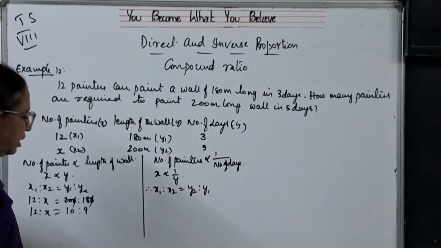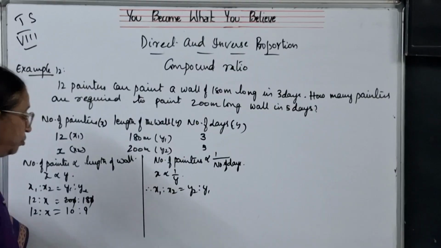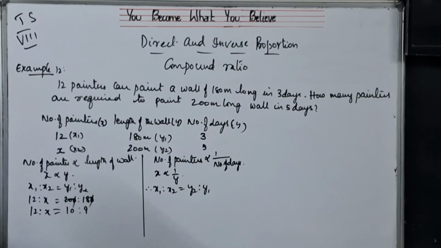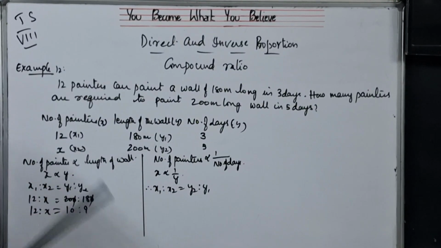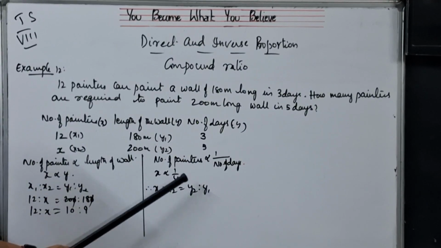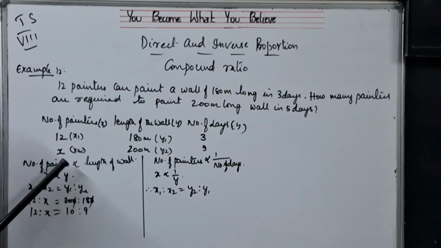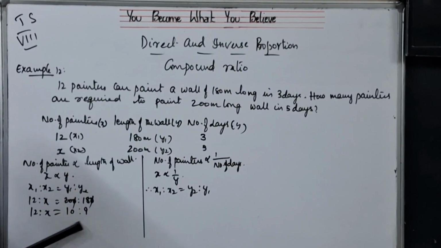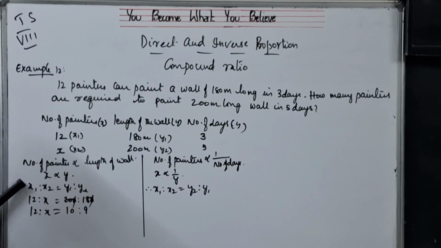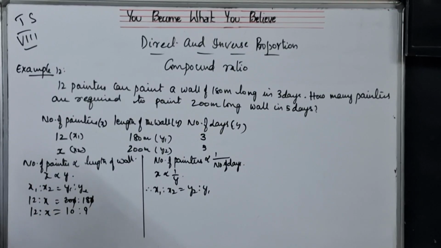Say children, in the earlier two examples, we have got either both direct proportion or both inverse proportion. But here this is the problem of a combination of direct and inverse proportion. So in direct proportion, we need to use this formula x1 is to x2 is equal to y1 is to y2.